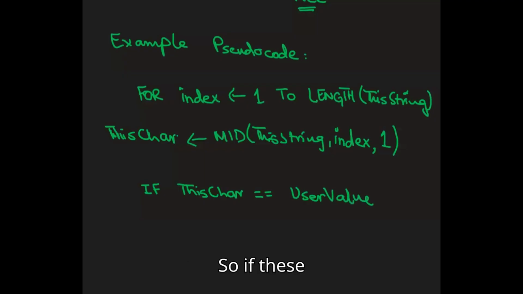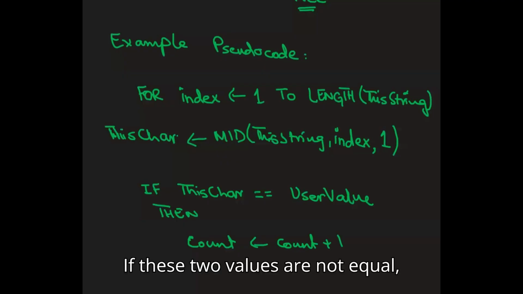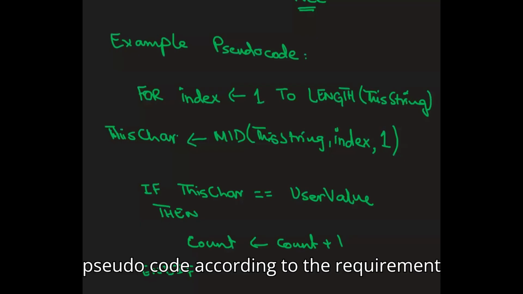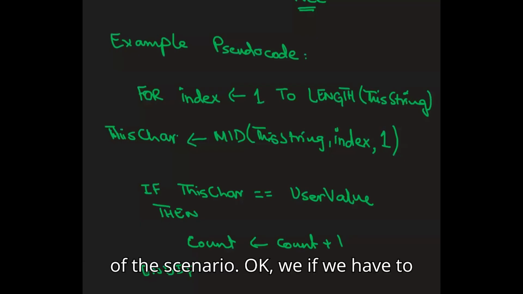So if these two values are equal, then I can just increment the counter here. Count. If these two values are not equal, then I can just end the function, or we can just continue the pseudocode according to the requirement of the scenario.